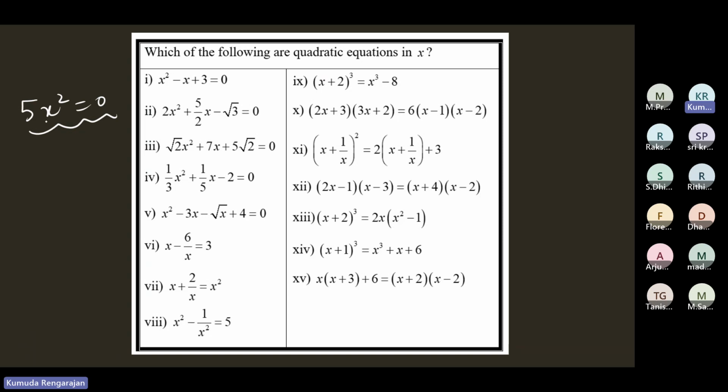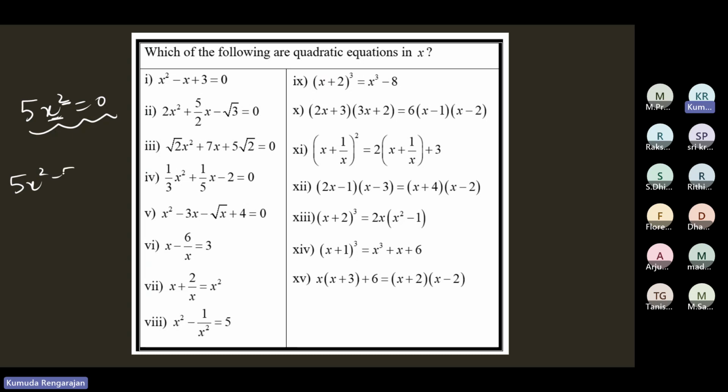It's quadratic because the power of x is 2.